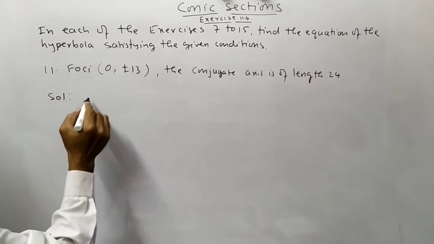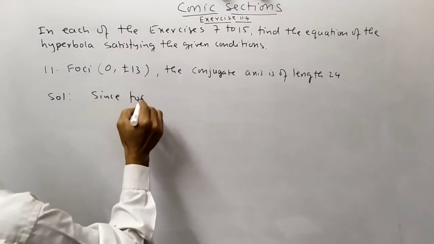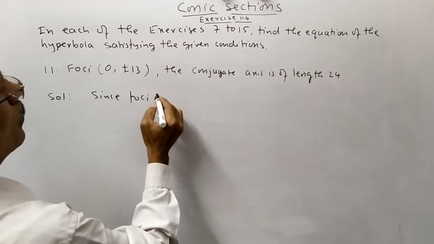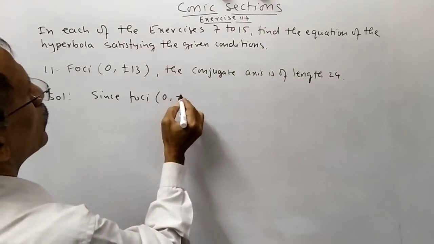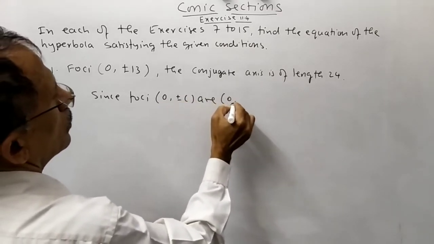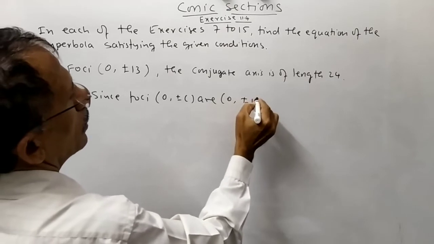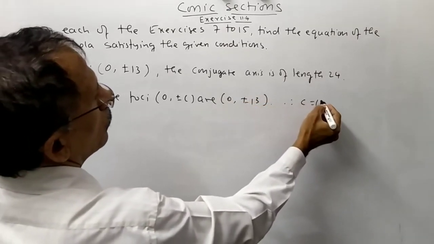Solution. Since foci of coordinates 0, plus or minus c are 0, plus or minus 13, therefore c is equal to 13.